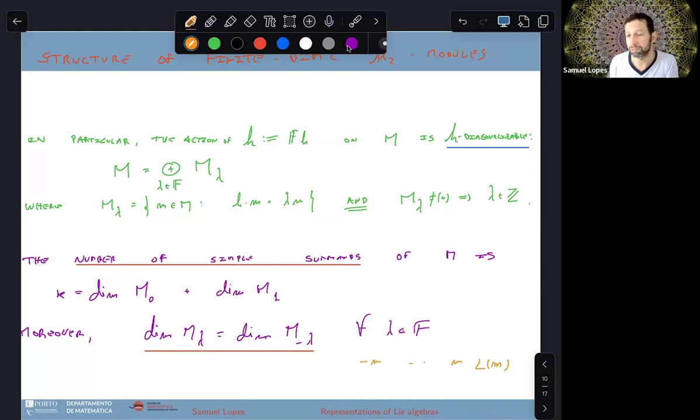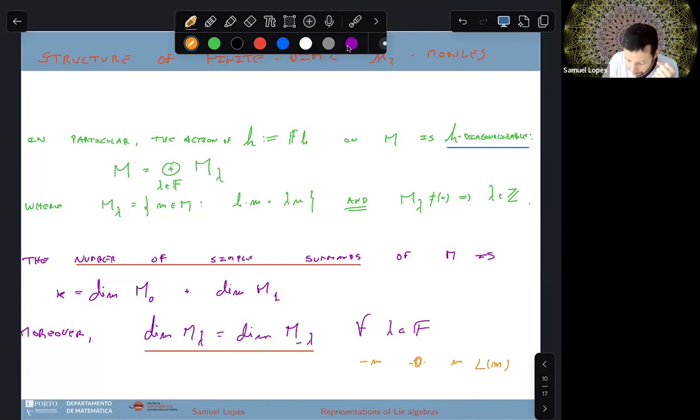So if m is even, this has to go through 0, and the weight space corresponding to 0 is one-dimensional. So I capture that vector, which is going to give me one summand. At the same time, 1 will not be an eigenvalue, because if m is even, the eigenvalues are all even: m minus 2, m minus 4, until I reach minus m. So 0 will appear with multiplicity one, and 1 will not appear at all.